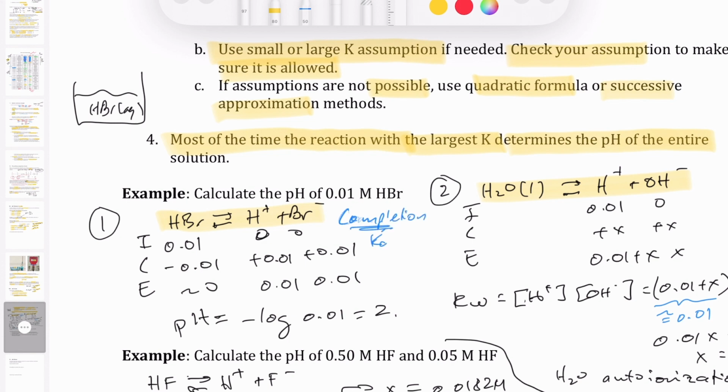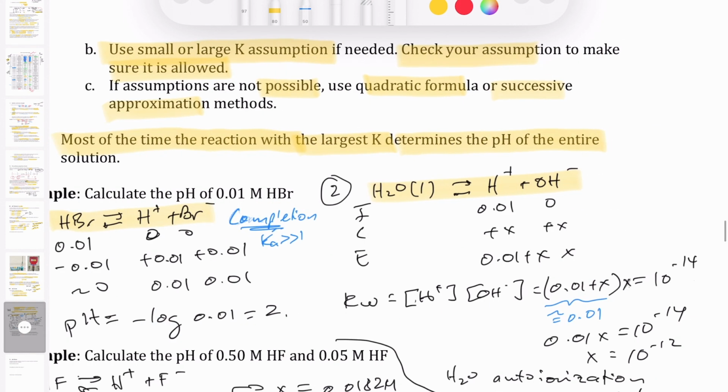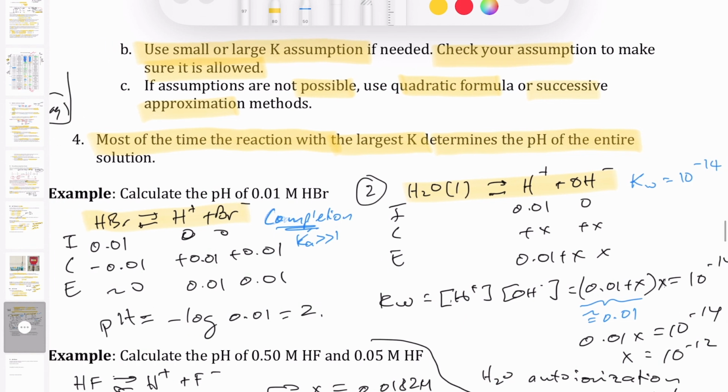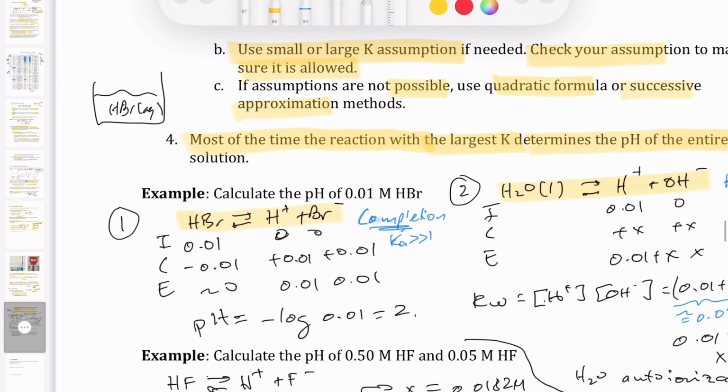Very important because Ka is much greater than 1. Now, what about water? Well, that reaction that I wrote there for water is the autoionization reaction. So the K for that reaction is our Kw, which is 10 to the minus 14 at 25 Celsius. So now we have two reactions. One has a really large K, the other one has really small K. So we're going to prioritize by dealing with the larger K reaction first.